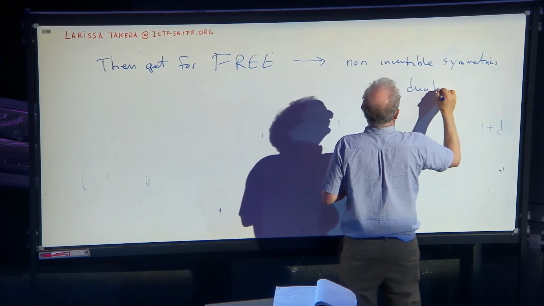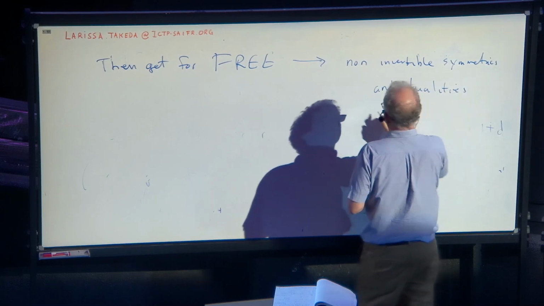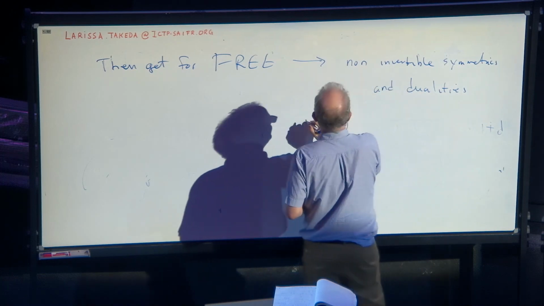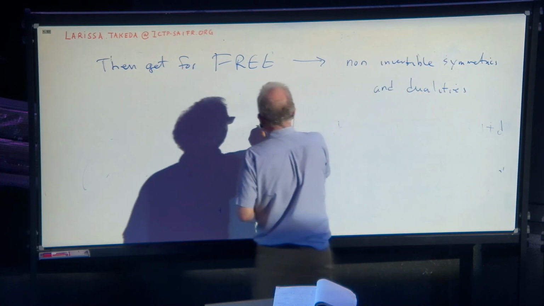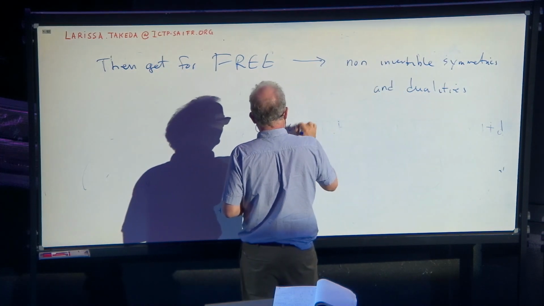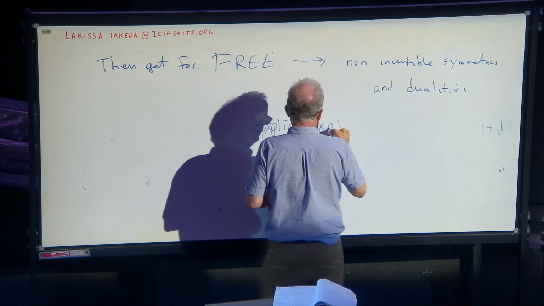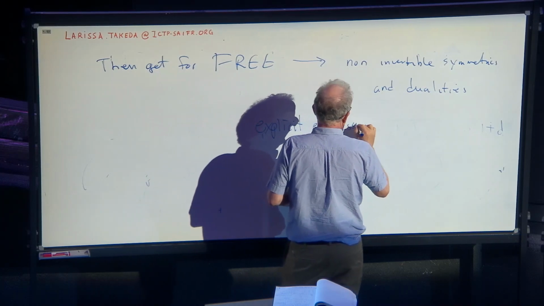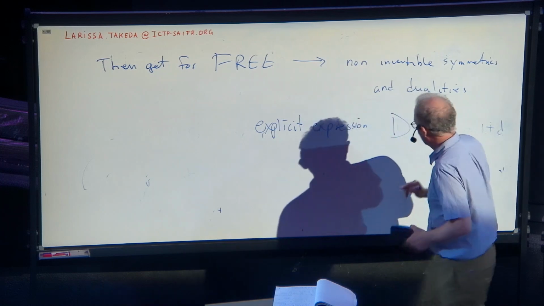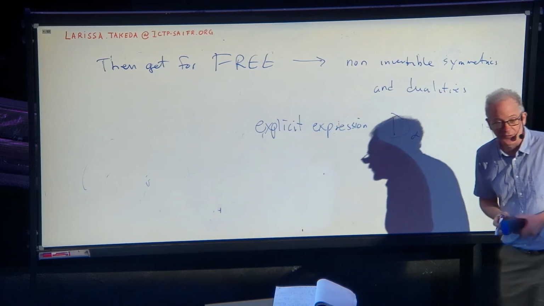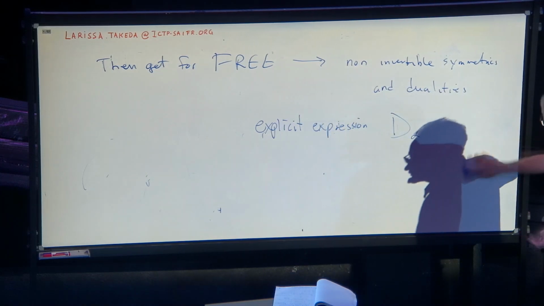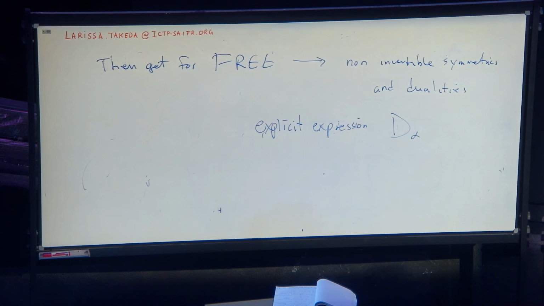In particular, it gives you an explicit expression for the D's I talked about last time. And in fact, it gives you a bunch of them. I'll explain precisely how that works. So that's why we're doing this.